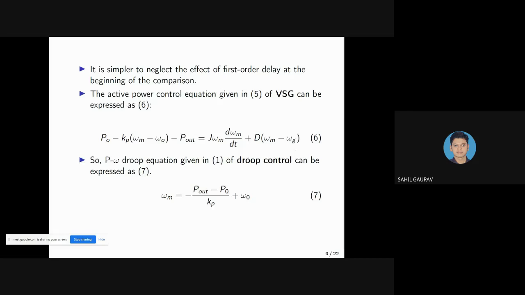Similarly, if we neglect the first order delay effect also in the voltage source based droop control, then the P-omega droop control equation can be simplified as omega m is equal to minus (P out minus P naught) times Kp plus omega naught. In the denominator, earlier it was 1 plus TDS, but if we neglect the effect of the first order delay, it will be eliminated, and the equation comes out as equation 7.